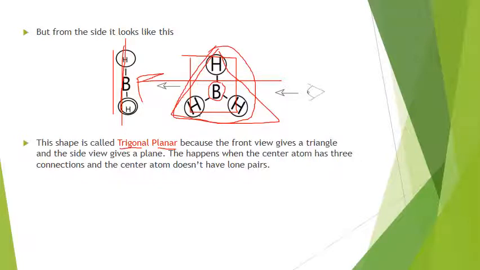If the center atom has three connections, and we're going to make clear that those connections can be a single bond, a double bond, etc., and the center atom has no lone pairs, then it will be trigonal planar. And we're going to put this all together in a table in a little bit.